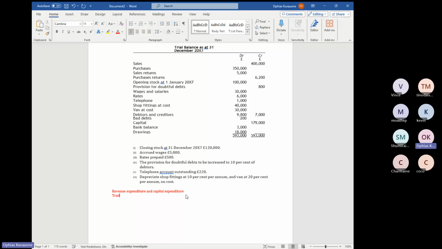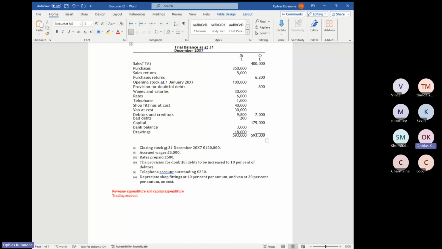That's the first thing. Our trading account, many people confuse there. We've got sales here. Sales here, they form the trading account, that is for TA.